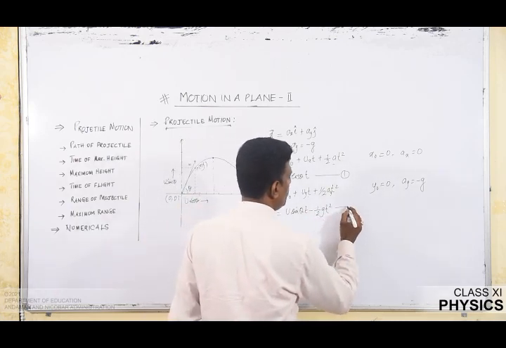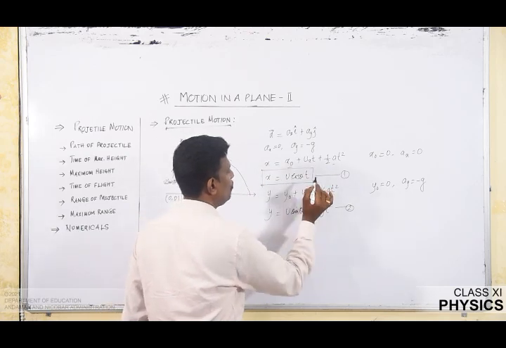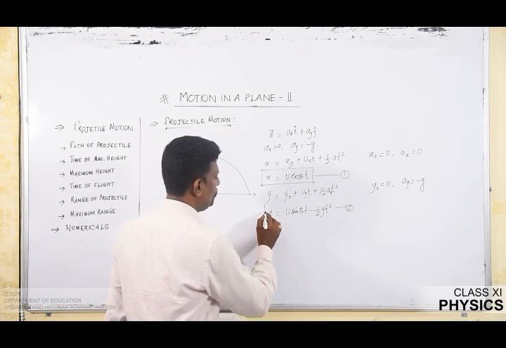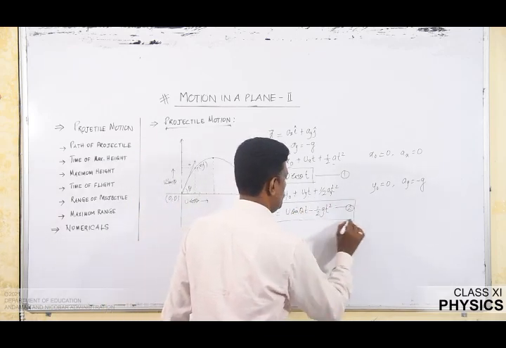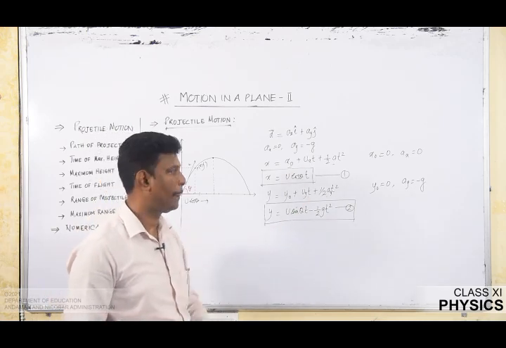Let it be equation number 2. So x is equal to u cos theta t and y is equal to u sin theta t minus half g t square.